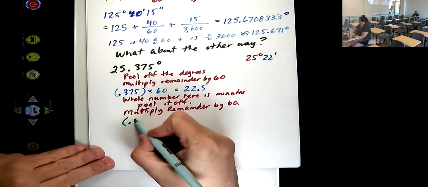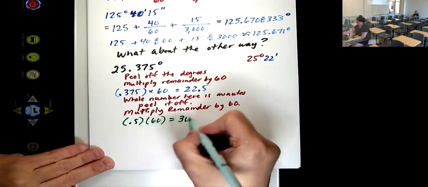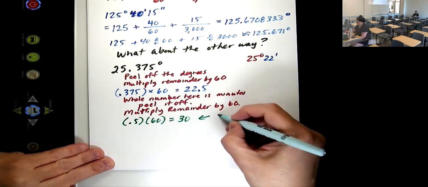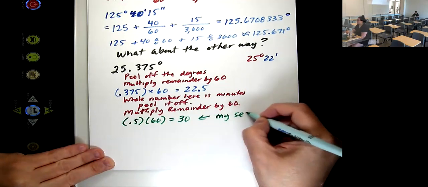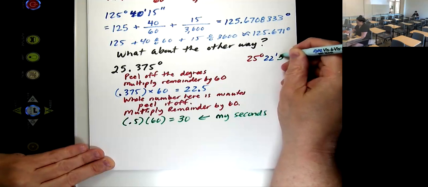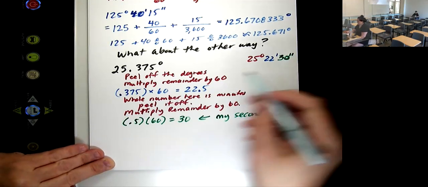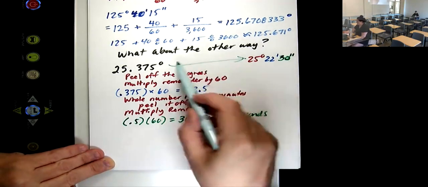The remainder is 0.5, and if I multiply it by 60, I get 30. These are my seconds. So those two things are equal.